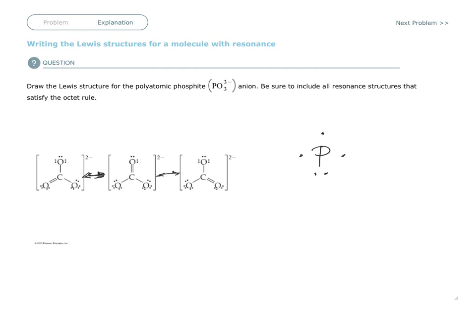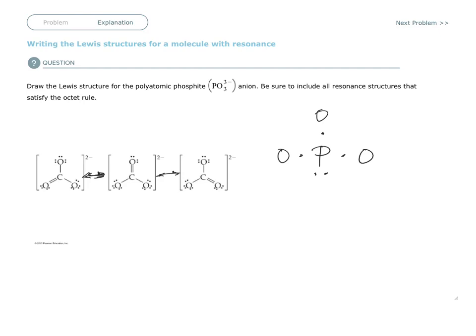So what's that going to look like? All right, so I'm going to attach oxygen over here, attach oxygen over here, and oxygen over here. I've already got the valence electrons for phosphorus. What about oxygen? Oxygen has 6.